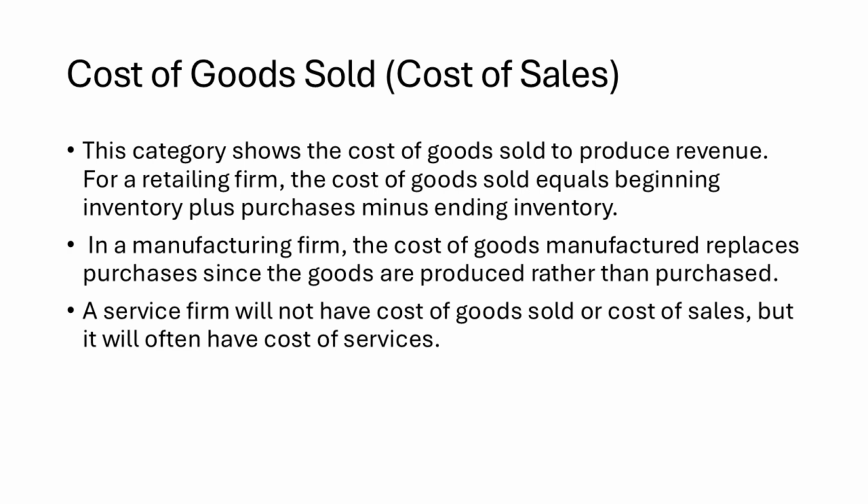If your company provides a service, like finance or banking, service firms will not have cost of goods sold or cost of sales, but will often have a cost of service. So depending on the industry and whether you provide services or goods, you have a different category.